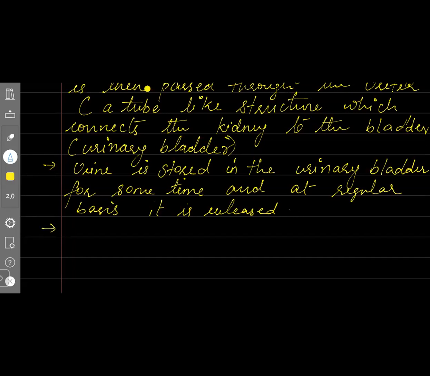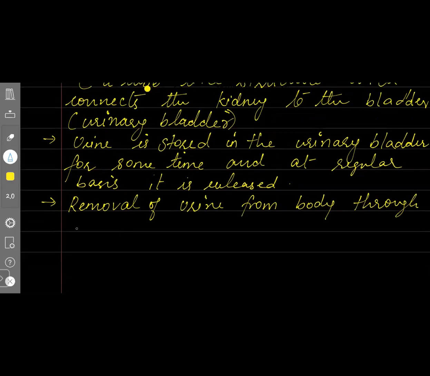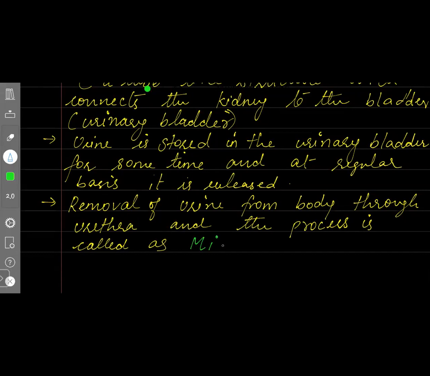The removal of urine from the body is through the urethra, and the process is called micturition.